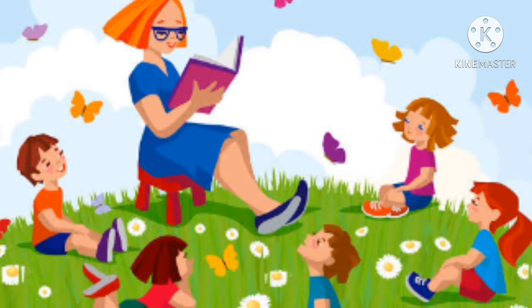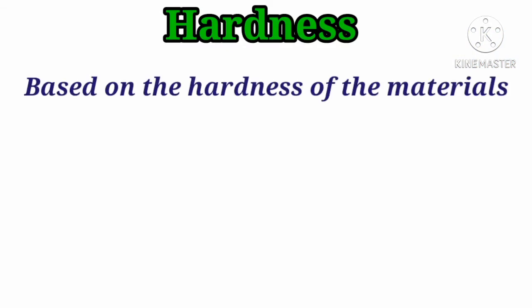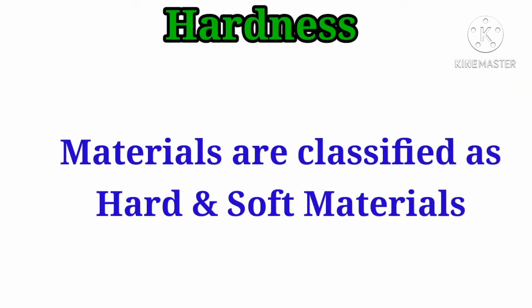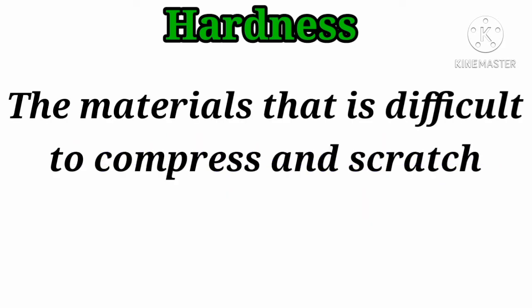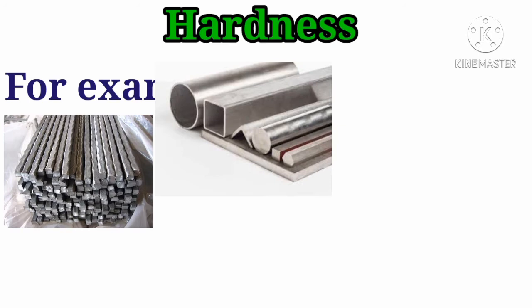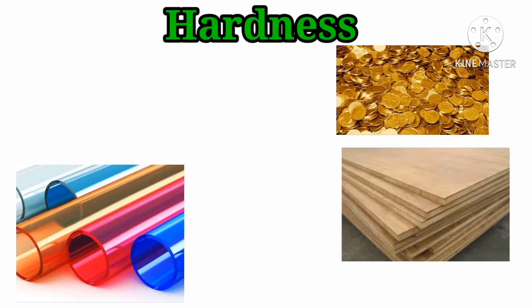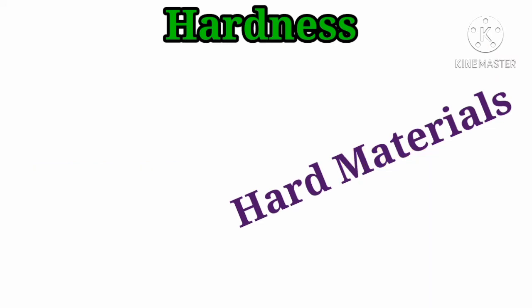Okay, children. Now let us move on to the next property, that is hardness. Based on the hardness of the materials, materials are classified as hard and soft materials. The materials that are difficult to compress and scratch, for example iron, steel, gold, wood, glass, etc. are hard materials.